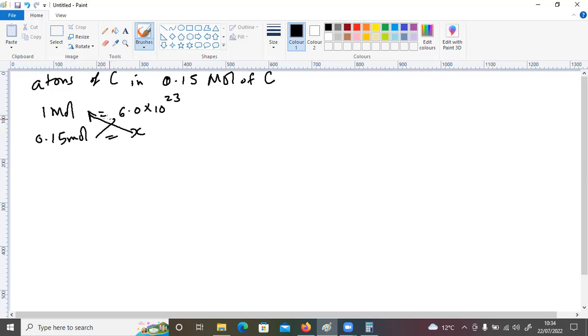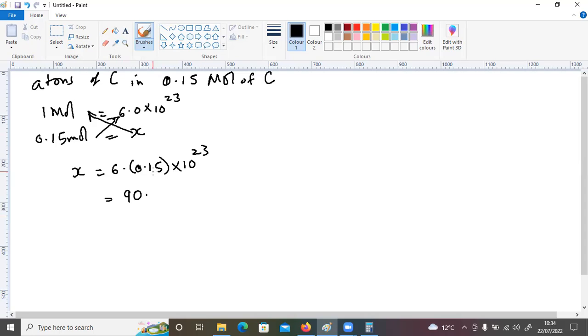I do cross multiplication like that, and here x becomes 6 multiplied by 0.15 multiplied by 10 to the power 23. I multiply this one, 15 times 6 is 90. Then two decimal places.